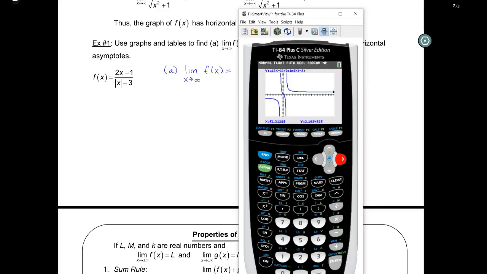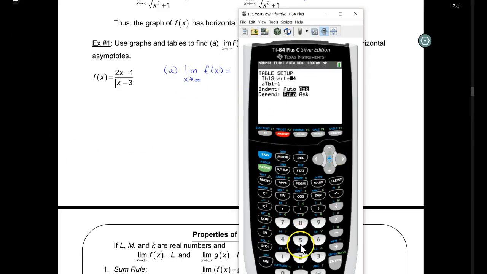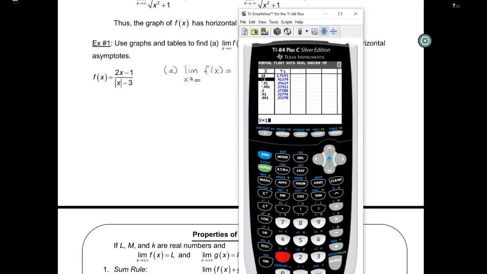Now, I like throwing in the table because if you have this set to ask, what I like to do is I'll start out with like 10, and I'll put 100, then I'll put 1,000, and again, I'm looking at very large numbers, so 10,000.